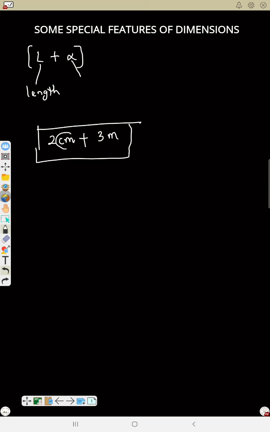Because they don't have the same units. But if I have 2 centimeter plus 3 centimeter, I can add it together because they have the same units, and my result will be 5 centimeter.